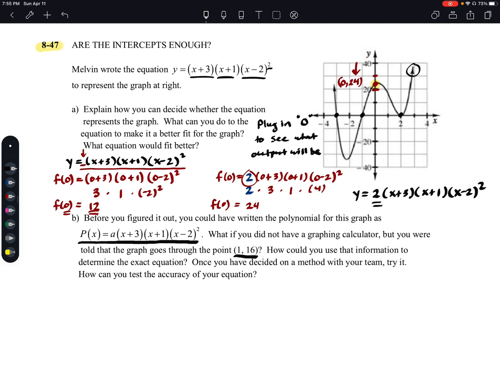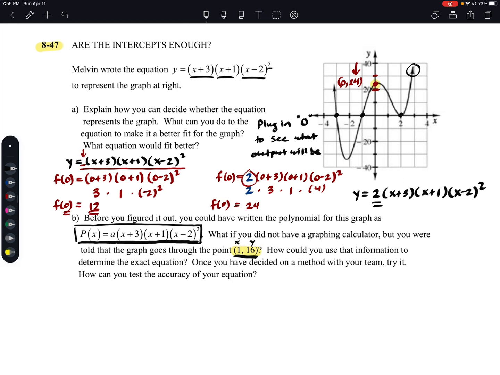Okay, so here's the method I think we're going to try. If we're thinking about this same equation, and they're using p of x, I used f of x above, not a big deal. But if we think about this point (1, 16), we have an x and a y, or an input and an output.